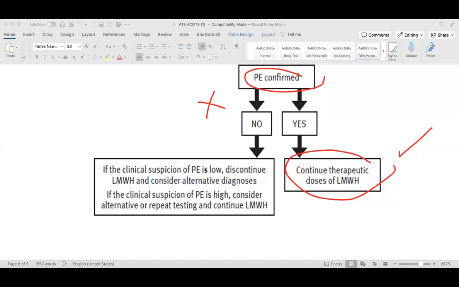On high clinical suspicion, I will continue low molecular weight heparin, and consider alternative or repeat testing.